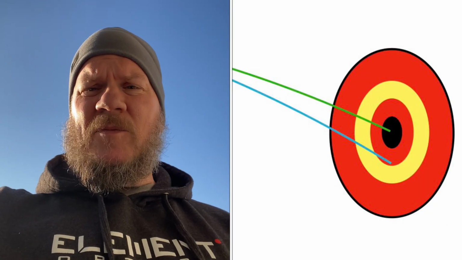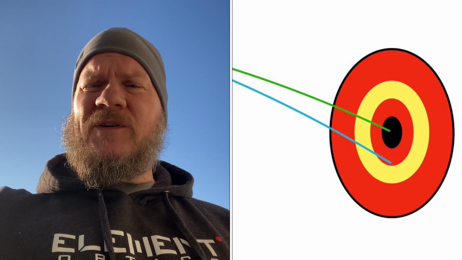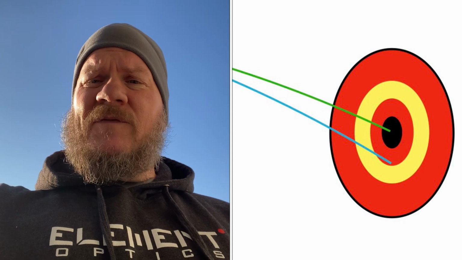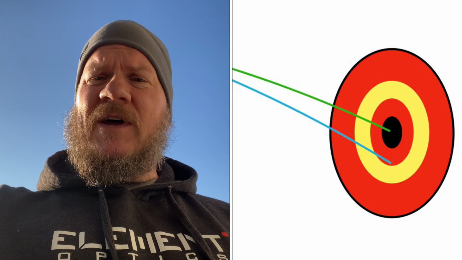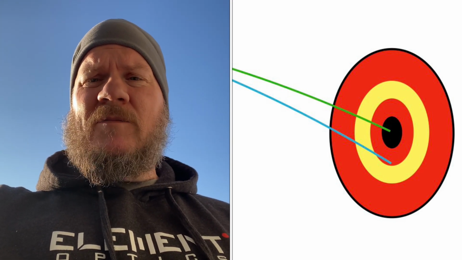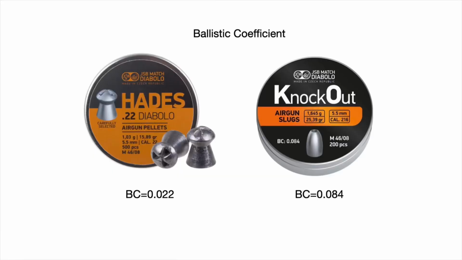It's going to hit higher because it has a higher ballistic coefficient, which means it's going to lose less velocity as it moves through the air. It's going to hit the target faster, and gravity is going to have less of an opportunity to pull it down to the earth. The pellet, moving slower because of its lower ballistic coefficient, is going to spend more time in the air and therefore be more affected by gravity.